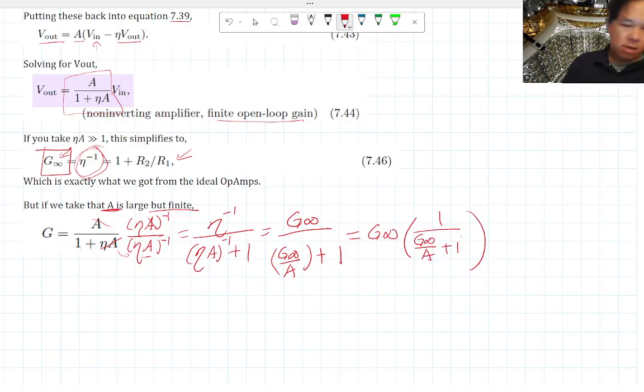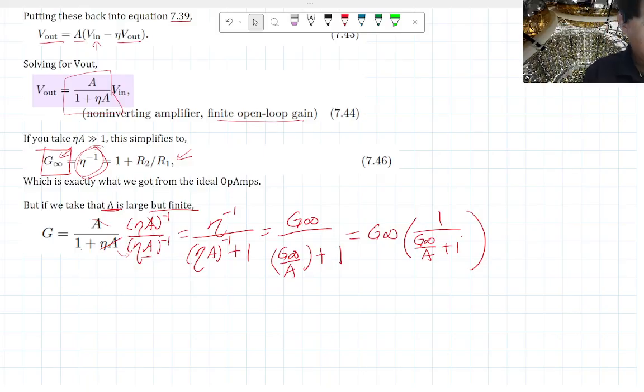Okay. And I wrote this down somewhere. This is just an expansion. I'll find that expansion for you guys over here. So this should be a binomial expansion.